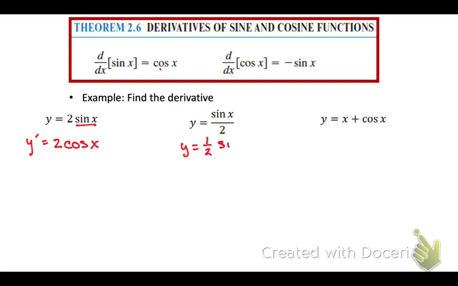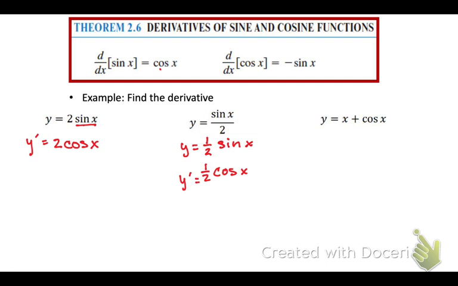Get it up there, 1/2. And then it's 1/2 cosine x. Or I could just write it as cosine x over 2, but I think that's gross. I will probably never write anything like that. And then you have x.